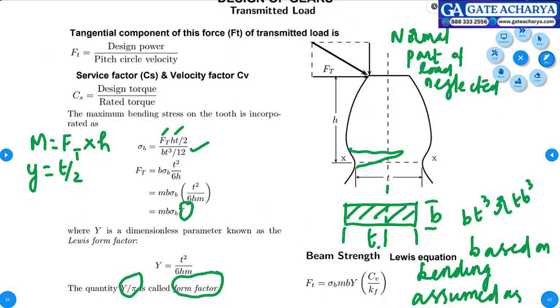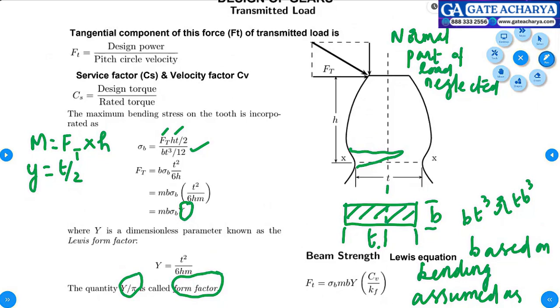The gear tooth is very short, but even then we use an approximation called a cantilever beam and we use the bending equation sigma by y equal to M by I equal to E by R. That we will see. What the value of CS is, we will see at the time of problems.